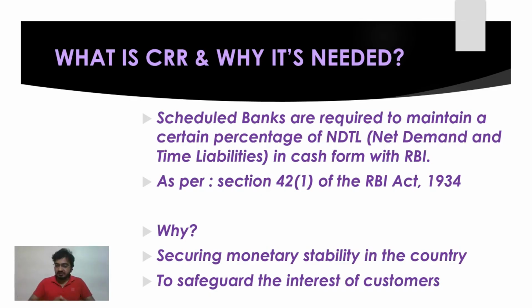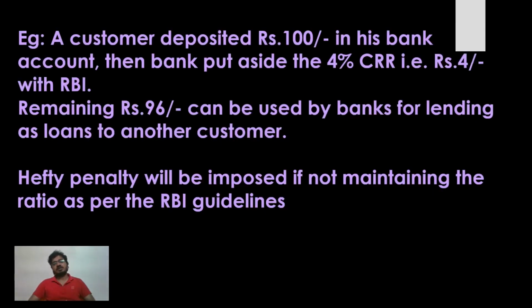To safeguard the interest of the customers, RBI plays a clever role here in the Indian economy. How? We will see it with an example. For example, a customer goes to a bank and deposits 100 rupees in his bank account.